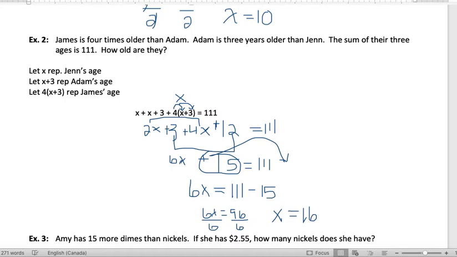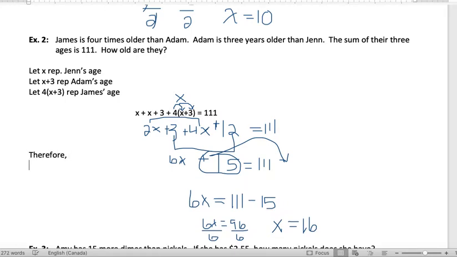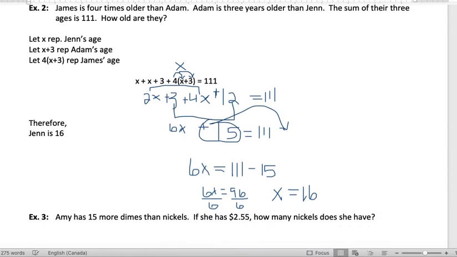So that means what? What does x mean? Well, x is Jen's age. So that means Jen is 16 years old. So therefore, Jen is 16.